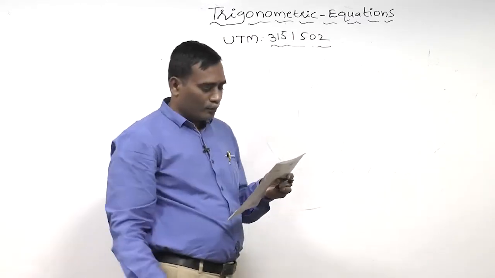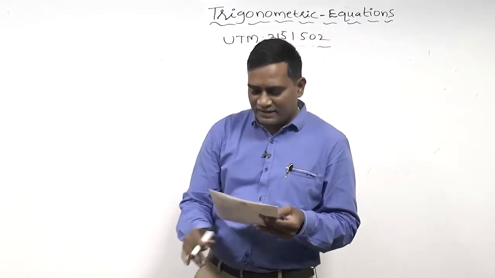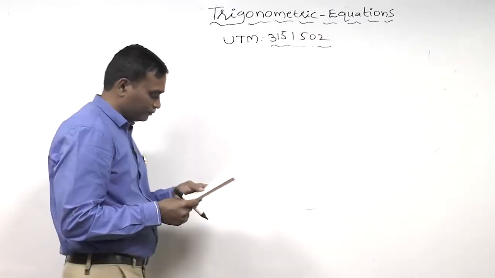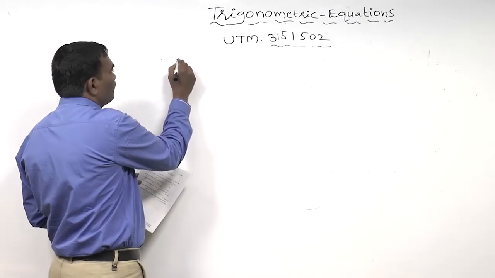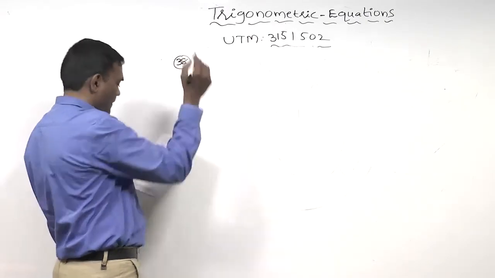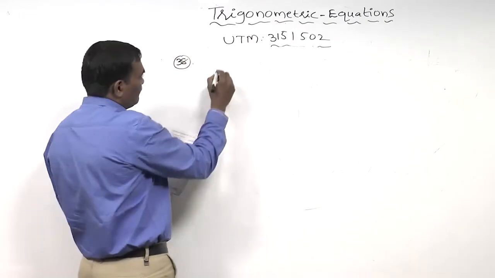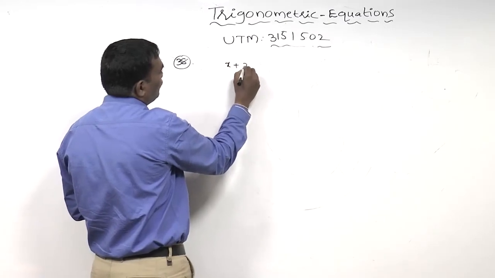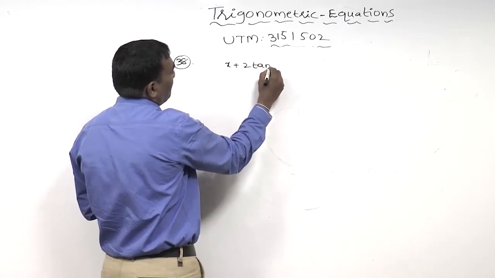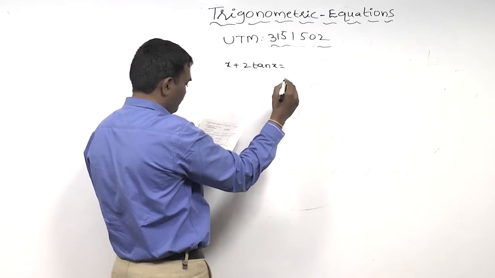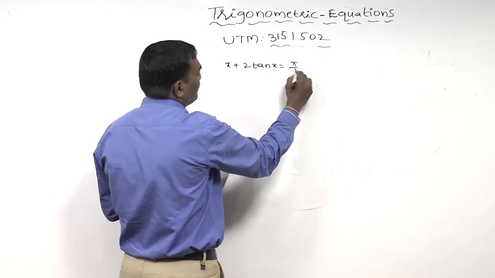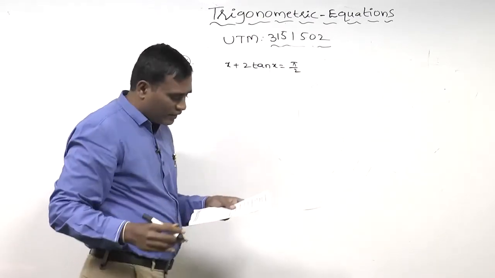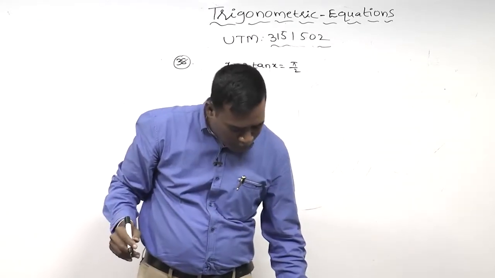How to do it? x plus 2 tan x is equal to pi by 2. The interval is also given, 0 to 2 pi.